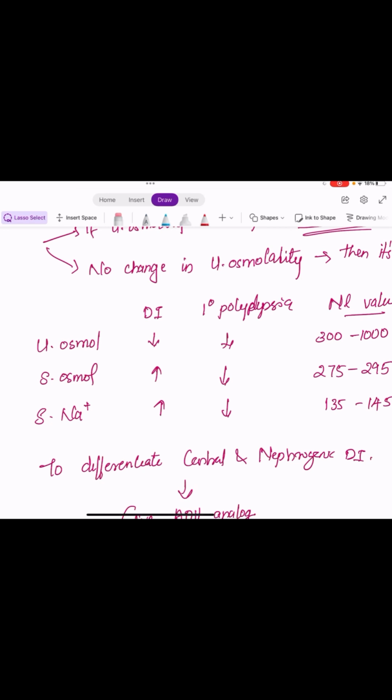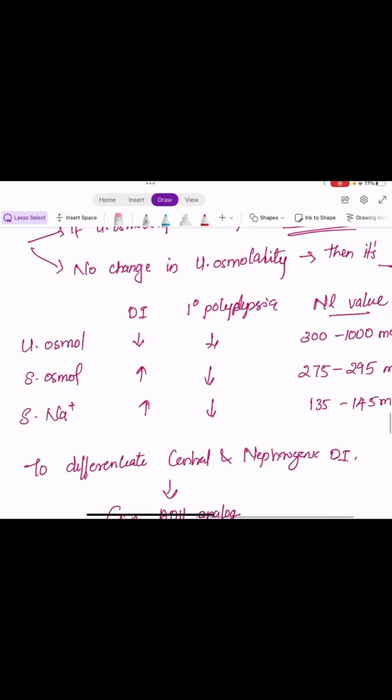In DI, since all the water is lost through urine, the serum osmolality increases. Whereas in primary polydipsia, since the patient keeps drinking water, the serum osmolality will remain low. In DI, since the serum is getting concentrated, serum sodium level is found to be increased, whereas in primary polydipsia, it is seen to be low.